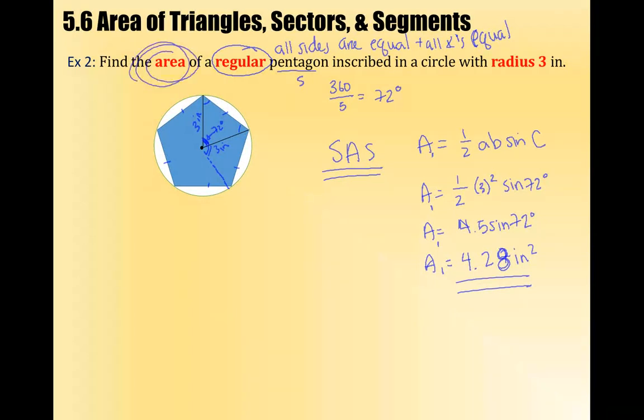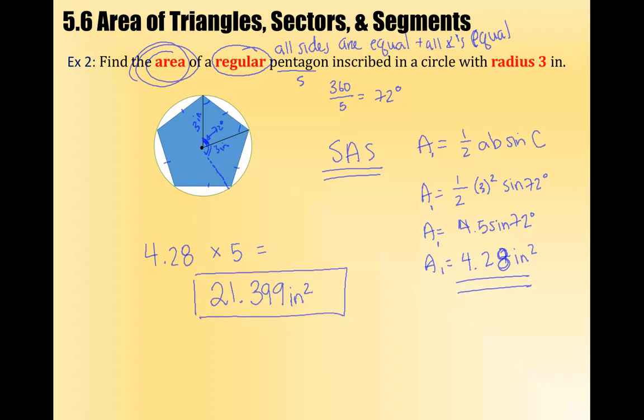So I want to take that 4.28, whether I store it in my calculator or it's still in my calculator, and multiply it by 5 to figure out that entire area. That's going to give me 21.399 inches squared.